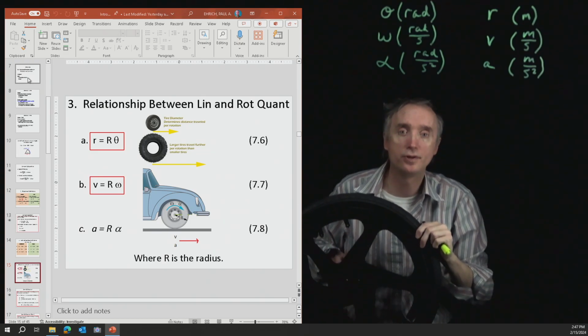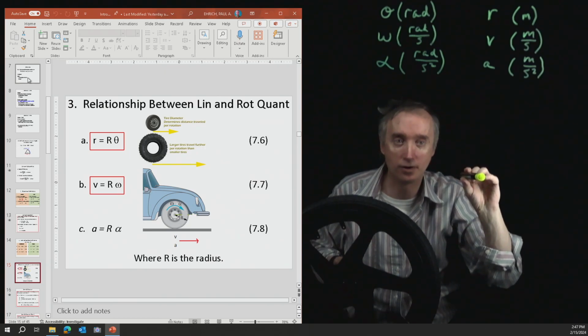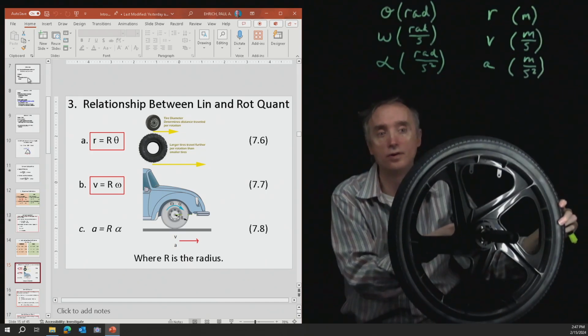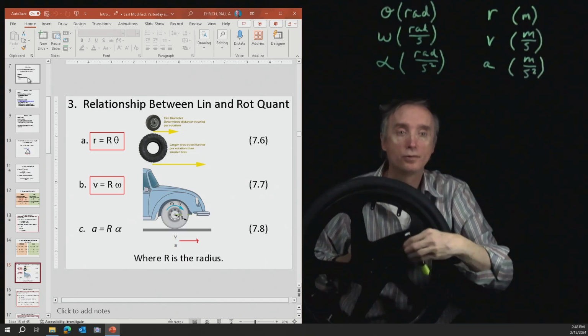Did you notice that when you did it with this thing, it didn't travel very far? But when you do it with this thing, it does travel a long distance sideways, because this has a bigger radius.